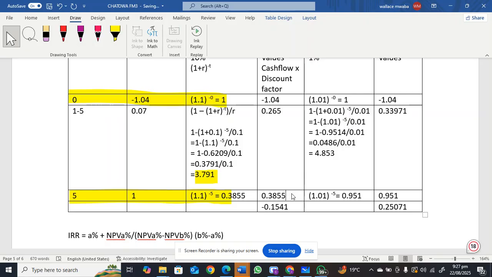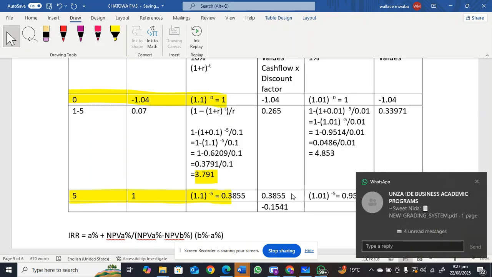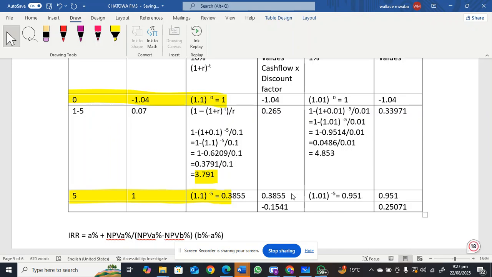And then we add negative 1.04 plus 0.265 plus 0.3855, we get negative 0.3895.